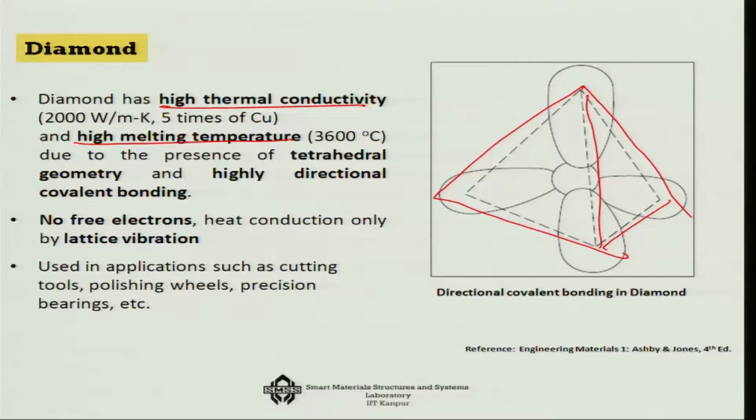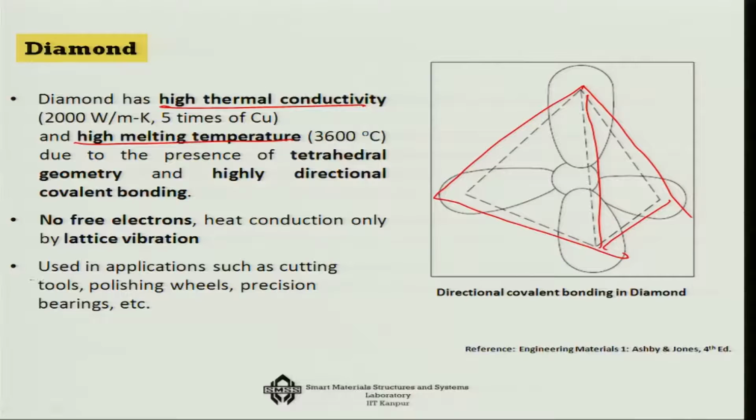As you have seen in the hardness scale, we have shown diamond to be one of the hardest materials. That is because this tetragonal structure has the maximum number of covalent bonds possible per unit cell, and that gives a very large interatomic strength, and hence it becomes very hard.